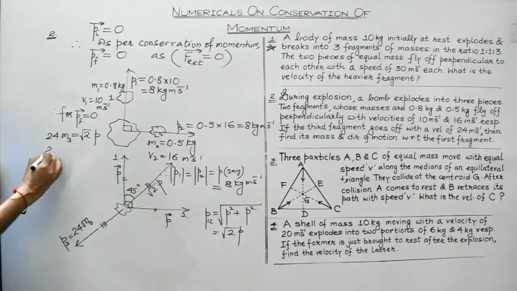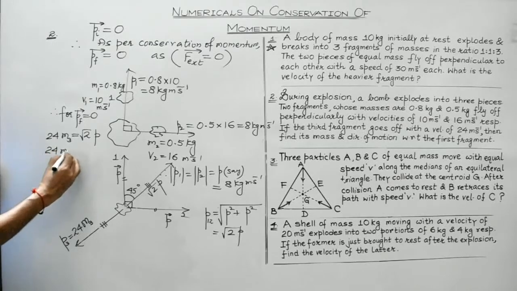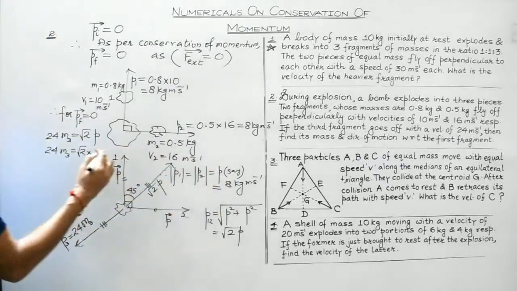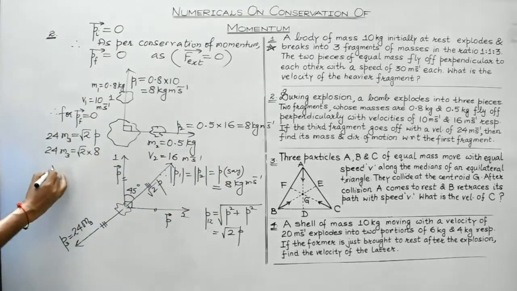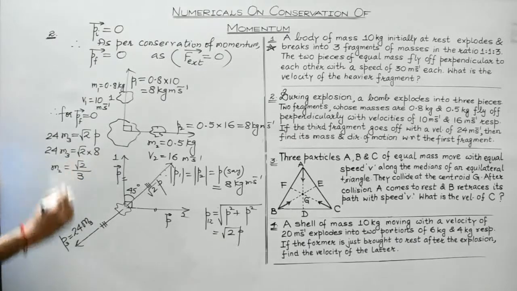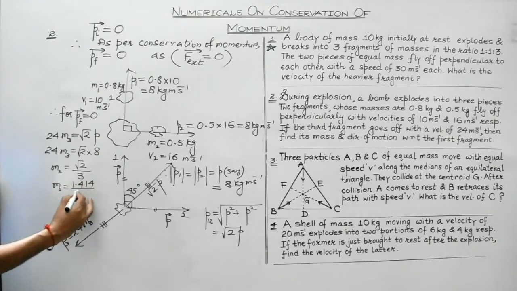So let's solve it. 24 m3 is equal to root 2 multiplied by, what is p? It's 8. So that will give us m3 is equal to root 2 divided by 3. Am I clear, students? So that will give us 1.414 divided by 3 kg.